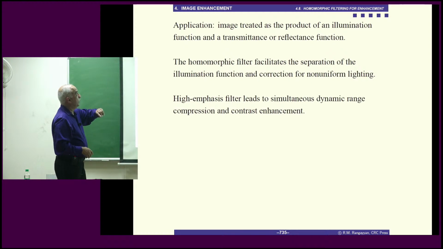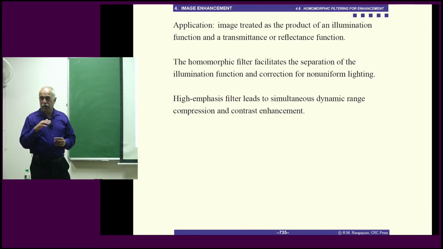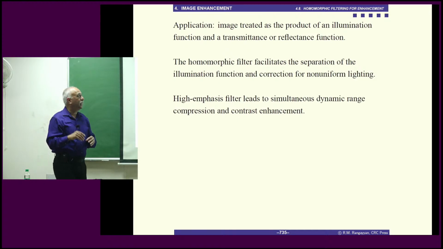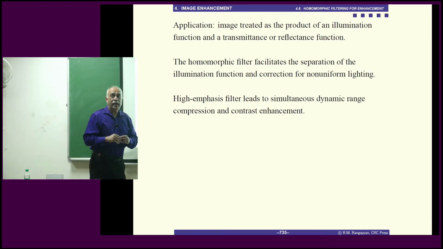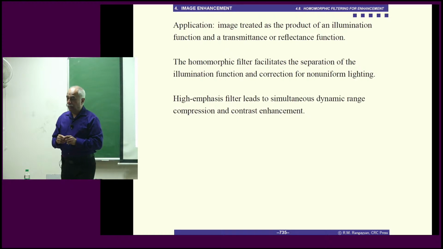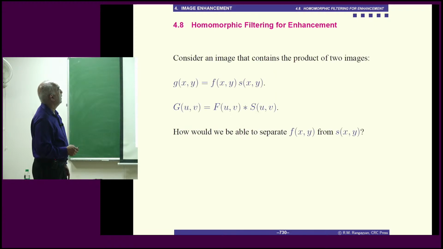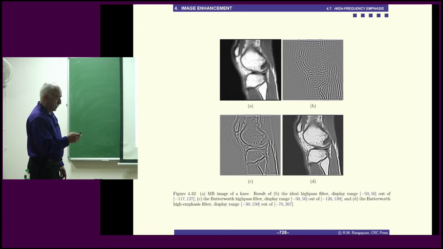So that's the model. But if the lighting is non-uniform, then your information of the image is somehow distorted, and you want to remove that. And there could be large dynamic range. Like you saw in this MR image, there is maximum brightness, minimum brightness, or maximum darkness there.